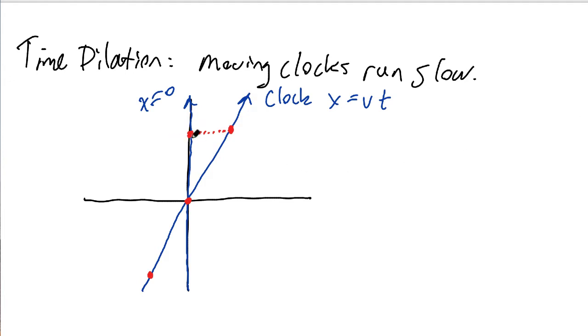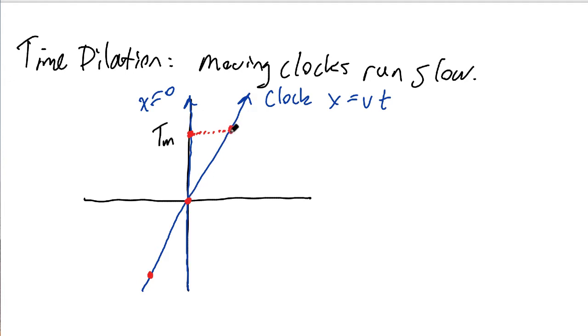So let's call the t-coordinate of this event capital T sub m. This is actually the proper time between these two events, which is the time seen on the clock by the stationary observer, the observer at x equals 0. So this coordinate time T sub m is the same as the proper time interval here. So what is the proper time interval between these events?